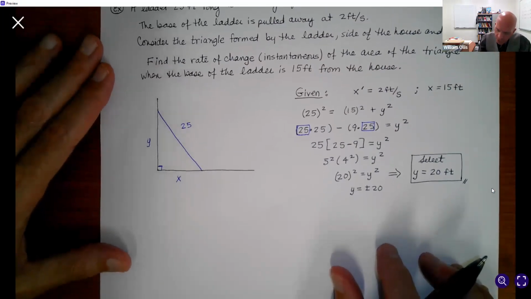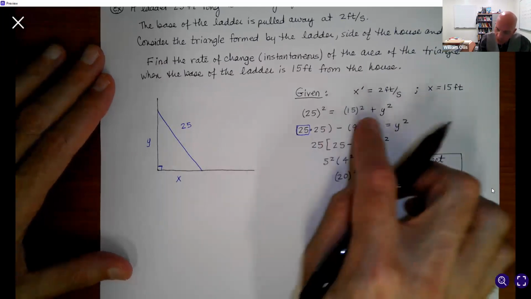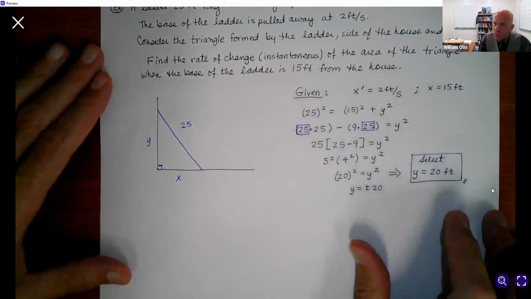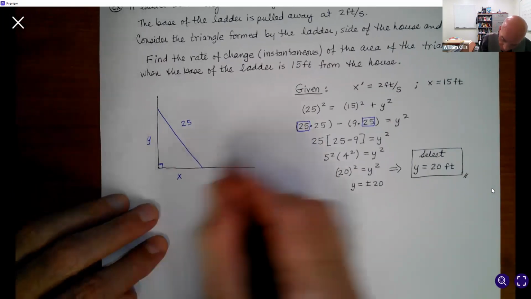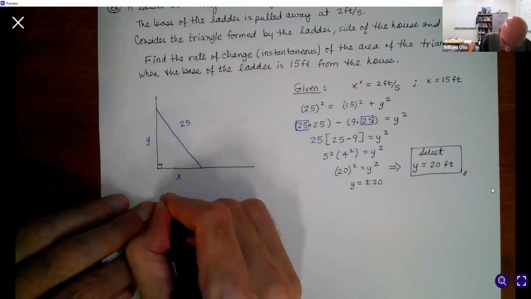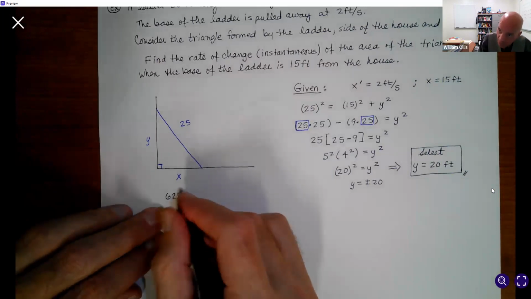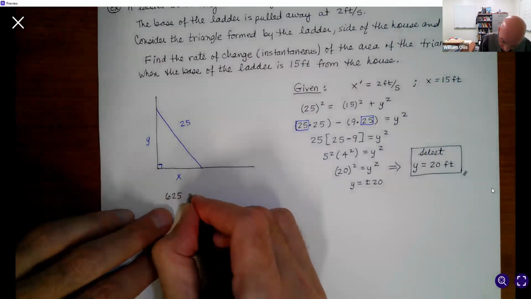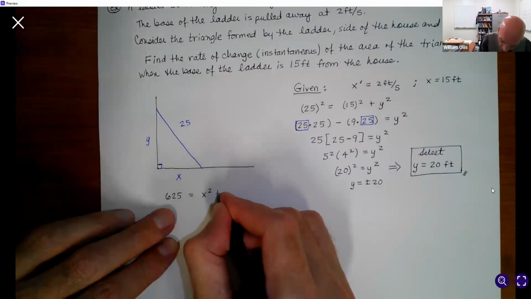And so now we have our value of y, but we can now use the Pythagorean relationship to get y prime. So now we have 25 squared. We could just write that as 625 if you want. It's just going to absorb to 0 when we differentiate, equals x squared plus y squared.